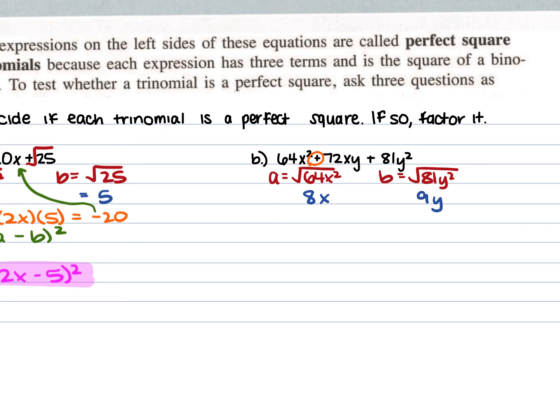The sign for the middle term is positive, so if we do positive 2 times 8x times 9y, we should get the 72xy if this is a perfect square trinomial. If we multiply these, the 8 times 9 times 2 gives us 144. And then that xy stays with it. These two numbers are not the same. So because they are not the same, you cannot factor this. You can just write that it's prime.